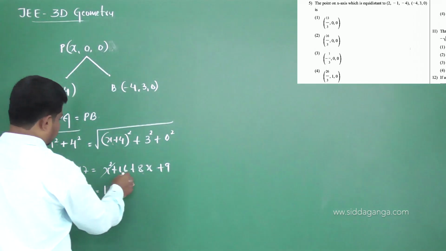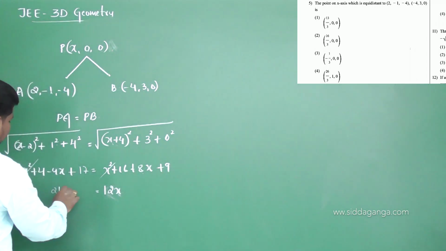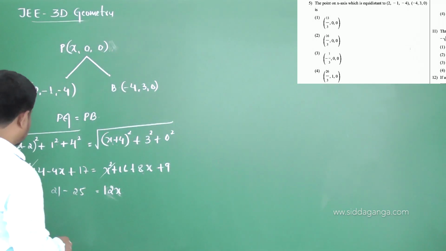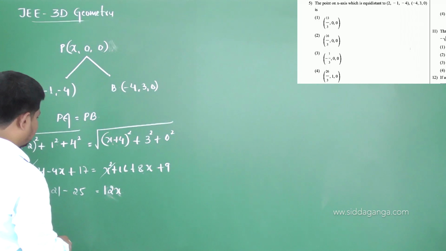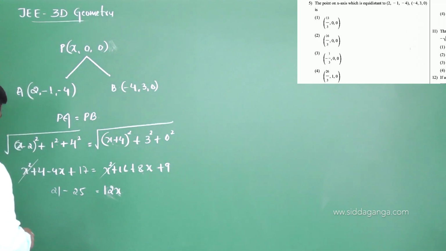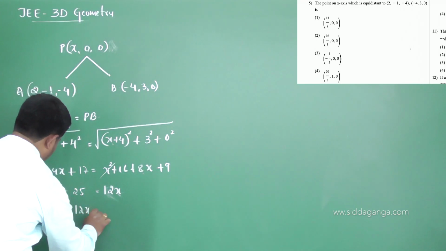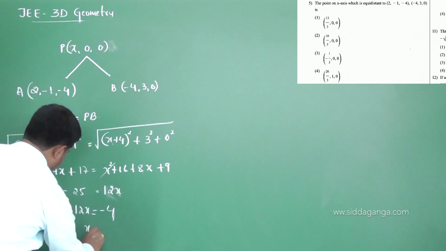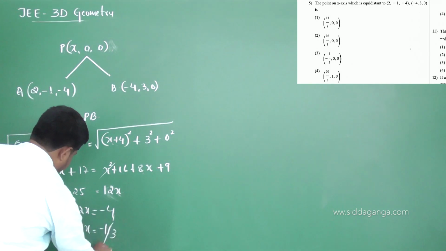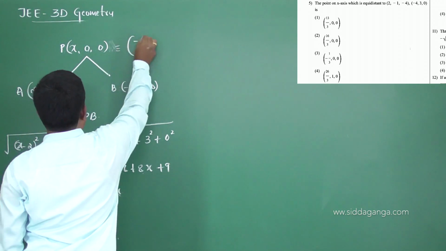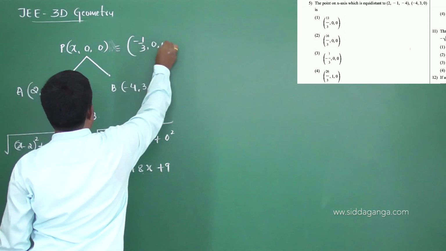Here you get 16 plus 9 minus 25, right? 16 plus 9, that is 25. So you get 21 minus 25. Yes, what do you get? So 12x is equal to minus 4, x is equal to minus 1 by 3.